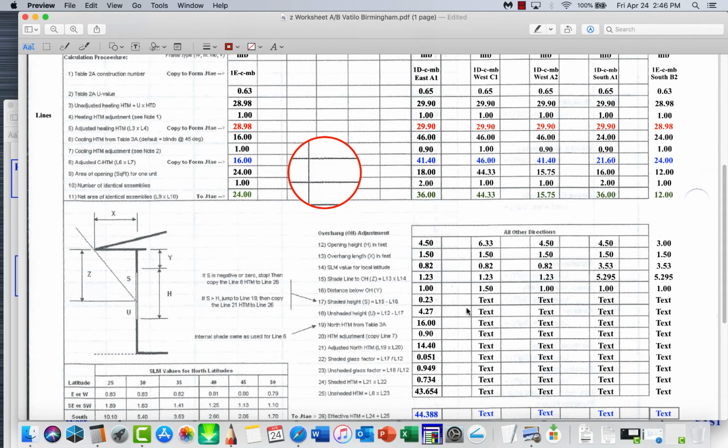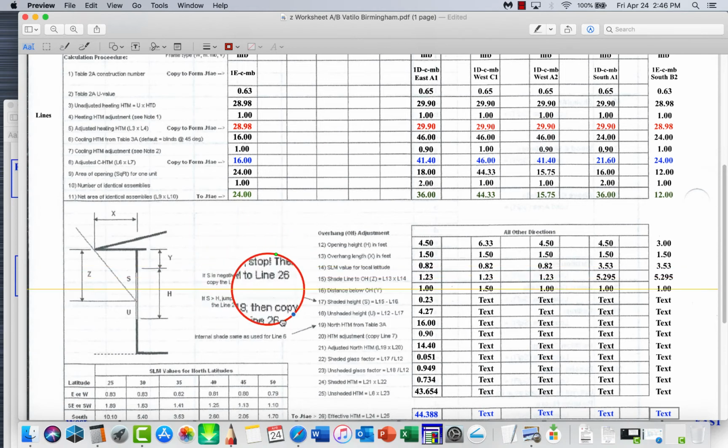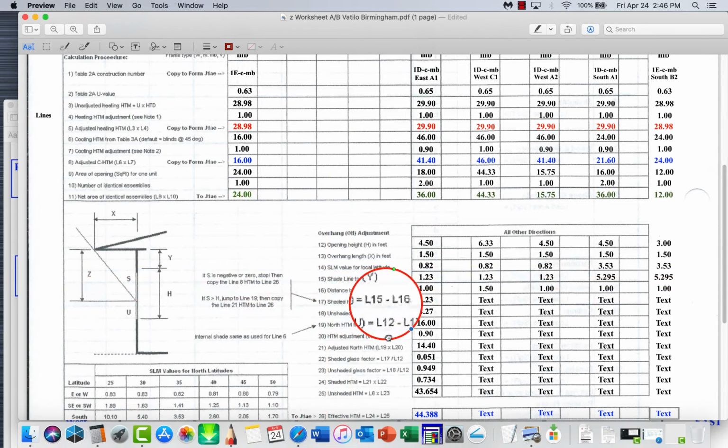Okay. Next, shade height. This is the one where you have to pay attention to the information right here that you have to read to make sure this is true. So shade height is line 15 minus line 16. So line 15 minus line 16. Here we go.